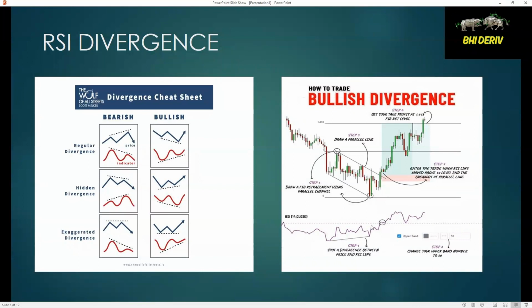So that's step one. Step two, change your upper band number to 50. Well, you might just keep that one, it does not matter. Step three is we want to draw a parallel line, right? Usually that can indicate where you want to find your break of market structure.